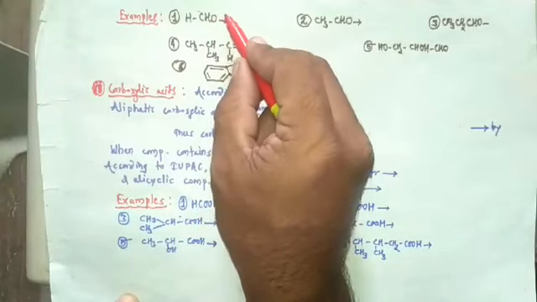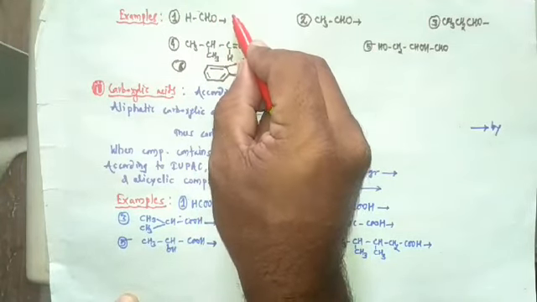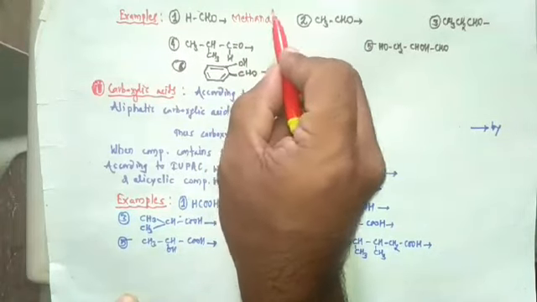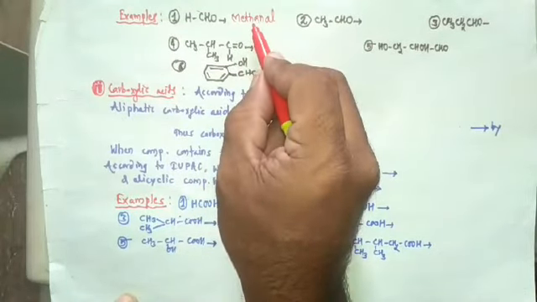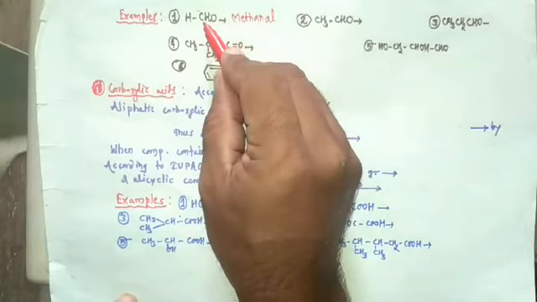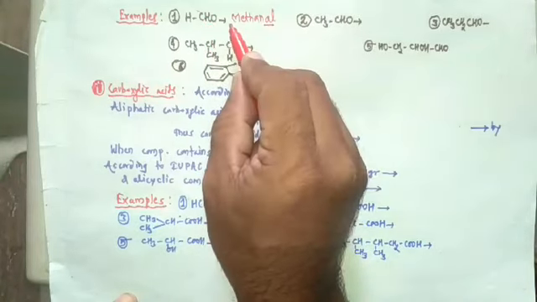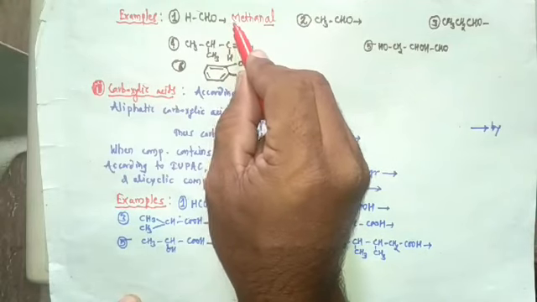That's why the IUPAC name of HCHO is methanal. How is this name derived? Its corresponding alkane is methane, the last letter E of methane is replaced by al, so the name of this compound is methanal.